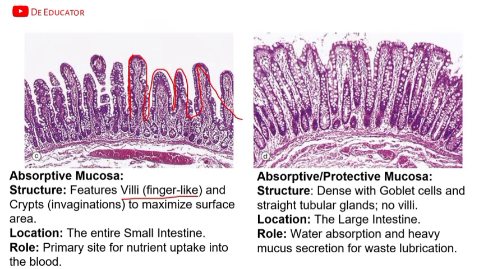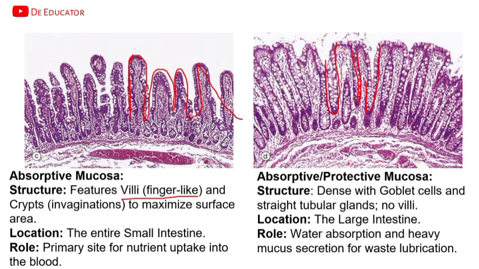Then the absorptive and protective mucosa. This is the type of mucosa that carries out the function of absorbing and also the protective function. How is the structure? It is dense with goblet cells and straight tubular glands, no villi. If you look at this, you see a lot of goblet cells. You look at the glands, you see a lot of goblet cells.